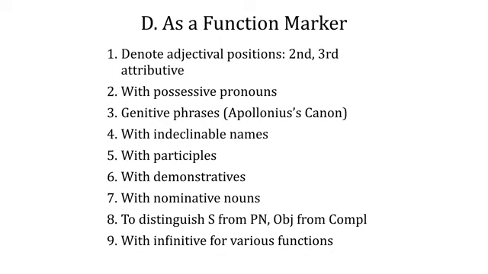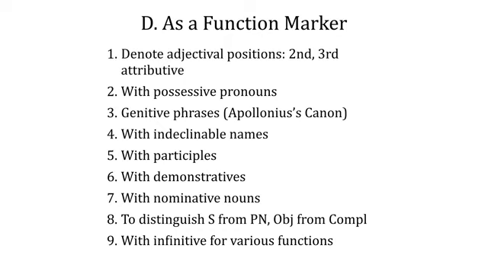It's also used with demonstratives, and there are some tricky issues to wrestle with there that you need to be aware of. For example, if a demonstrative pronoun is functioning attributively to a noun, then that noun has to have the article. We have all of 3 exceptions in the entire New Testament where the noun does not have an article, and every one of them is considered irregular Greek, we should say.